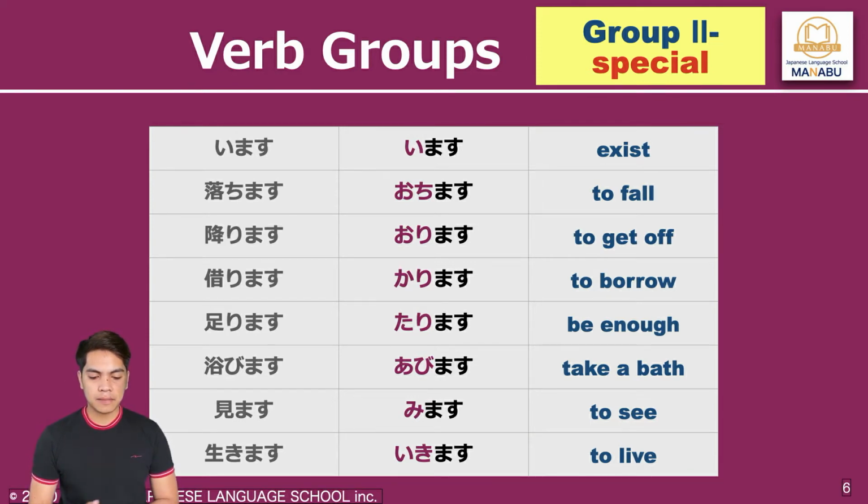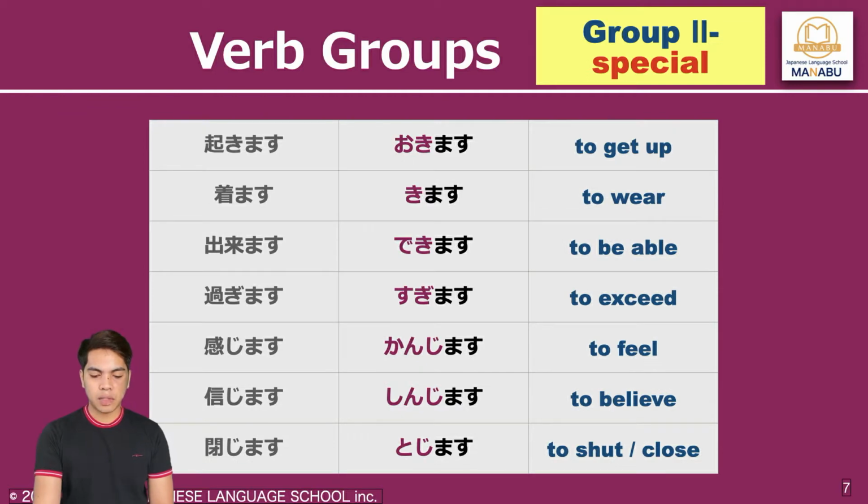For example, the verbs imasu, ochimasu, orimasu, karimasu, tarimasu, abimasu, mimasu, ikimasu, okimasu, kimasu, dekimasu, sugimasu, kanjimasu, shinjimasu, and tojimasu. So make sure to memorize or familiarize these verbs. They belong to special verbs, group 2 verbs.